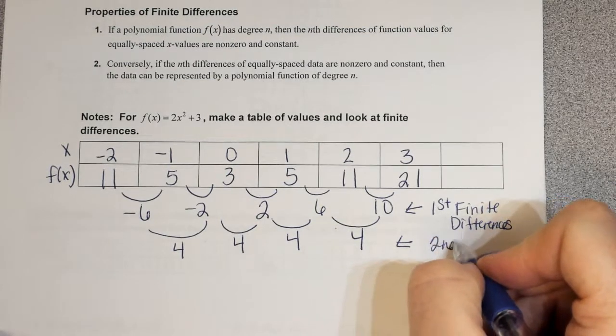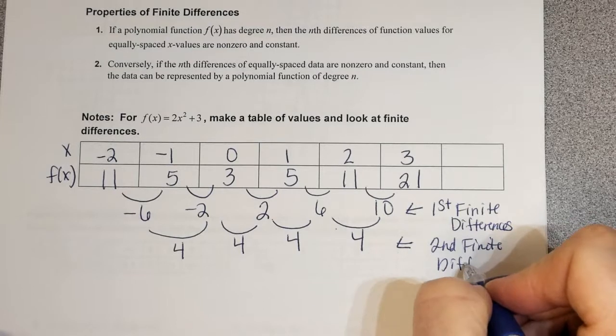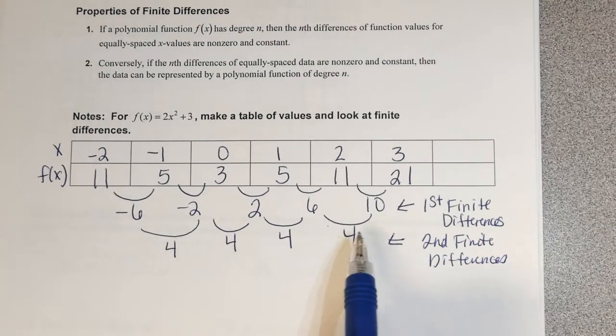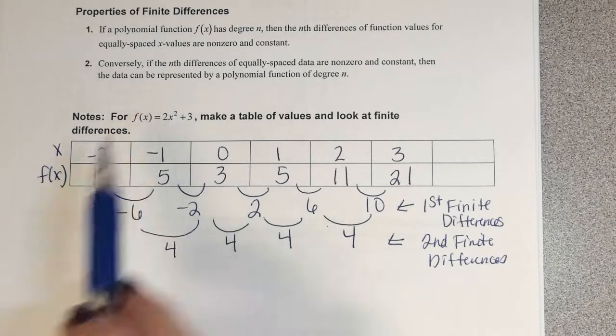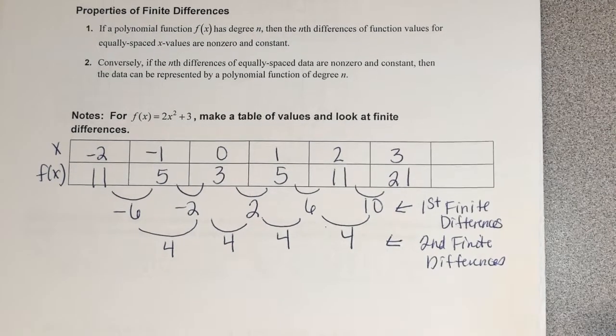These are my second finite differences. So I would know, based off of these numbers all being 4, that it would have to be a quadratic function. And it is a quadratic function. We were given it this time. Okay? Any questions there? If these had not been the same, then I'd have to keep going.